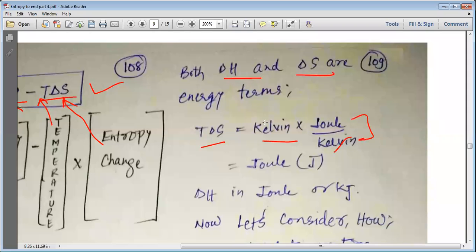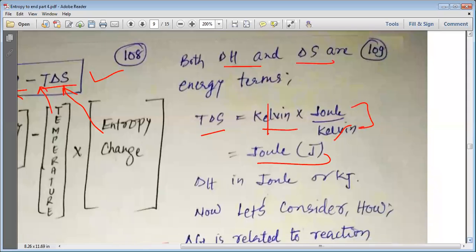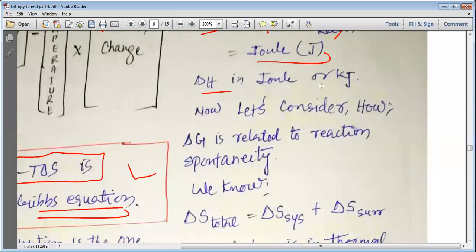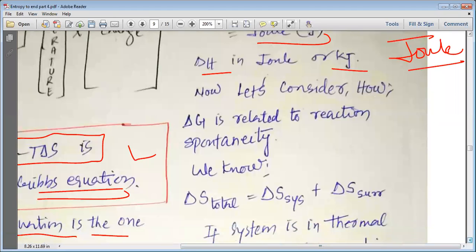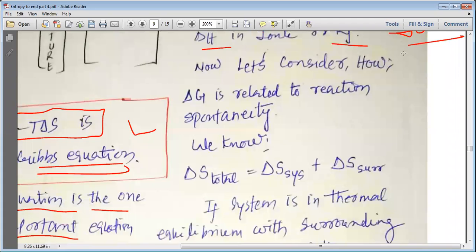So this Kelvin goes away and we get Joule. Same way, delta H is measured in kilojoule per mole. So kilojoule per mole plus Joule per mole, or we can say that the ultimate unit that we get is Joule for this change in Gibbs energy, and that is why it has the unit of energy.